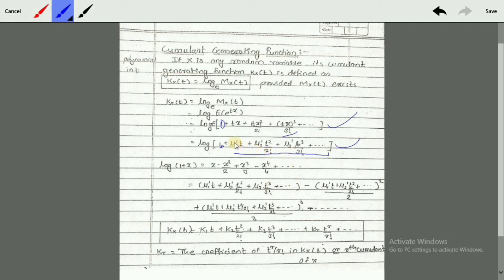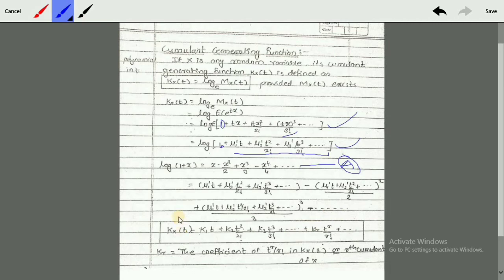This is first term, this is our x. In this expression, we will put this x as x minus x square, this term square by 2 plus x cube, so this term cube divided by 3 minus power 4 by 4 and so on.